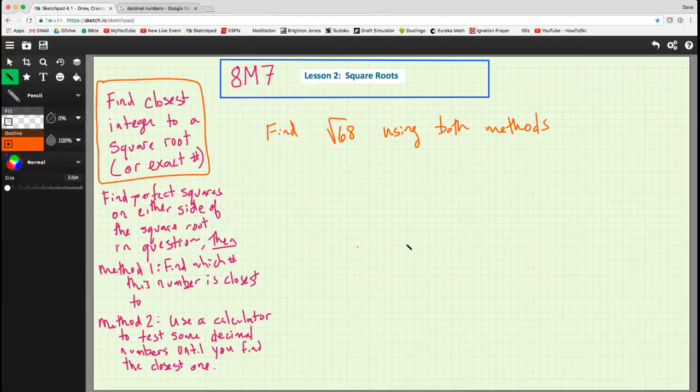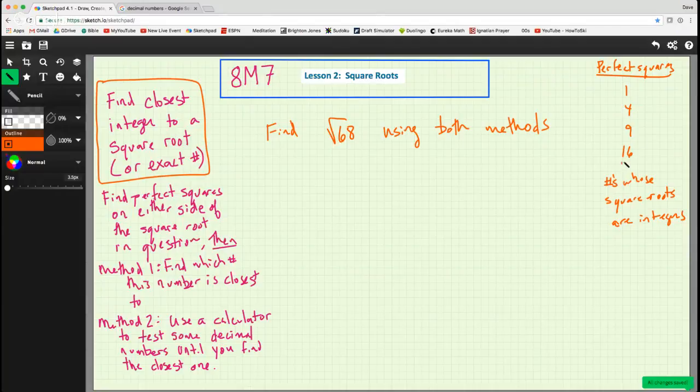So remember, perfect squares are these numbers: 1, 4, 9, 16. These are what they call perfect squares. These are numbers whose square roots are integers.